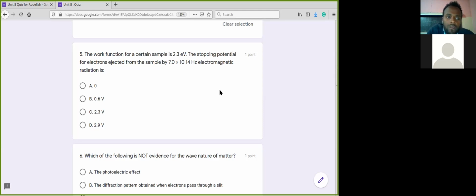Therefore, minus 20 plus 19, you will get minus 1, yes? So at the end of the day, the energy of the photon is 2.9 electron volt, yes?